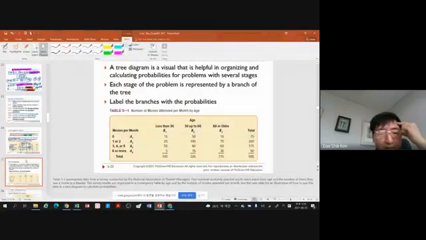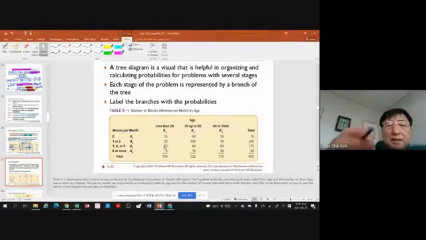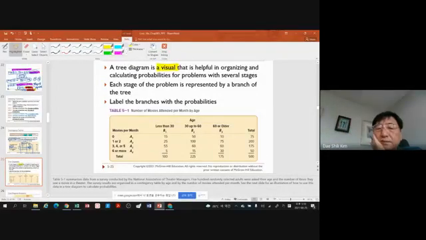Next is tree diagram. A tree diagram is a kind of visual diagram helpful in organizing and calculating probability with several stages. Each stage is a branch of the tree and so on.